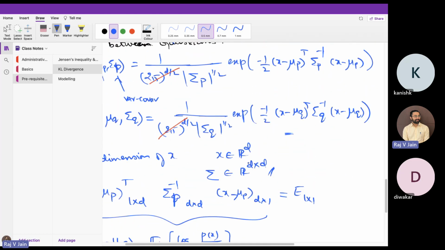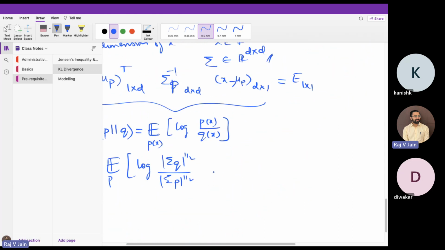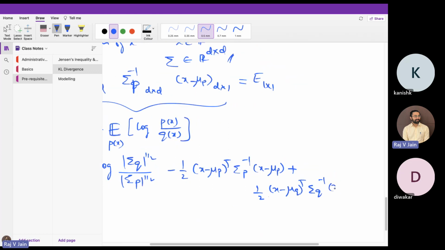And then I'll apply log internally, and this would turn out to be something like this: x minus mu P transpose sigma P inverse x minus mu P, plus half x minus mu Q transpose sigma Q inverse x minus mu Q, right?